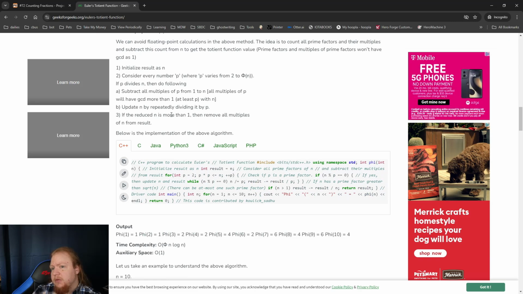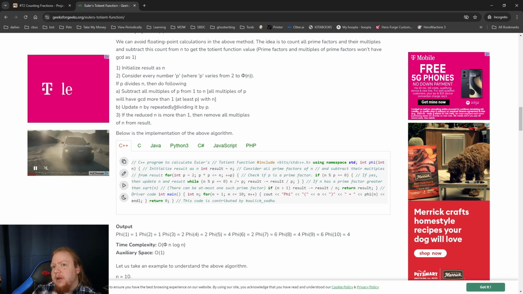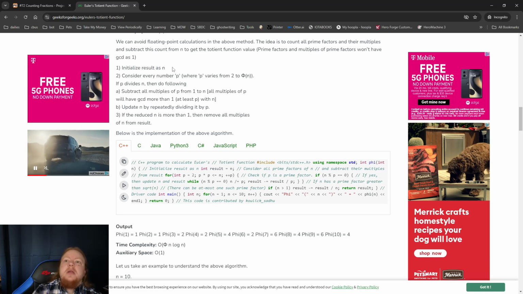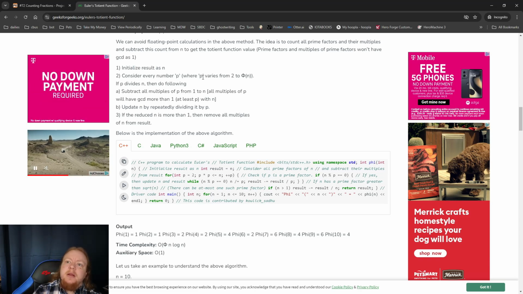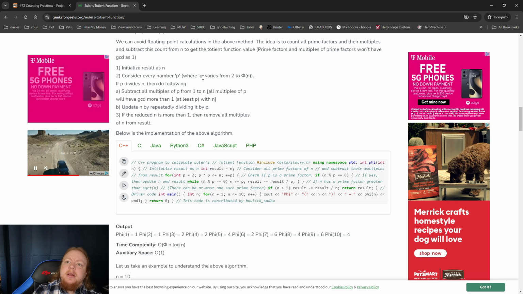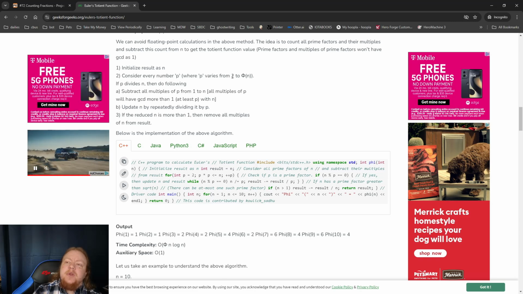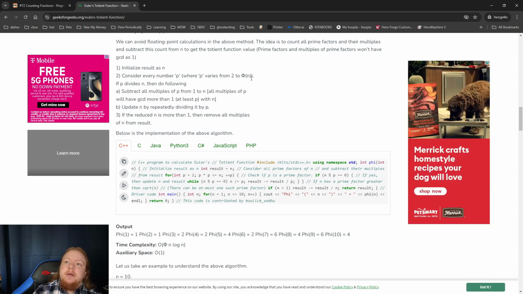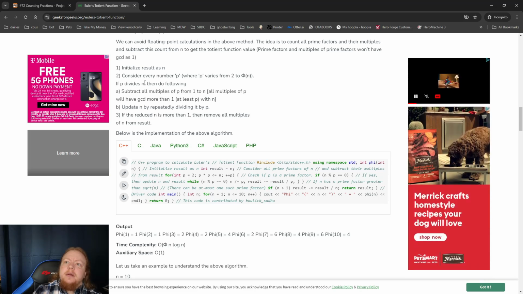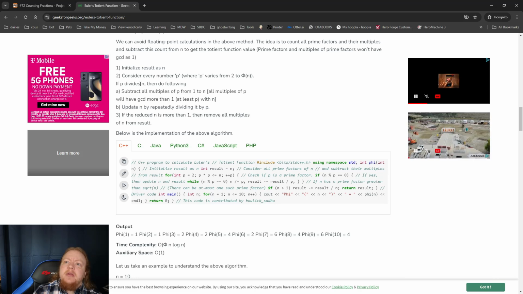This is more or less what we are trying to do now. Where it's considering every number p where p varies from 2 to root n. If p divides n, then subtract all multiples of p from 1 to n.